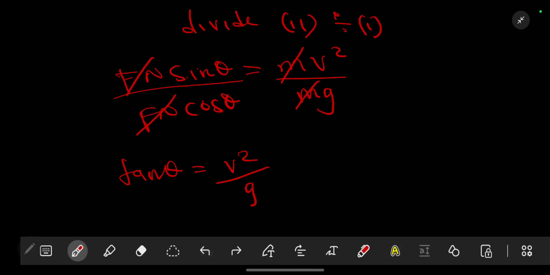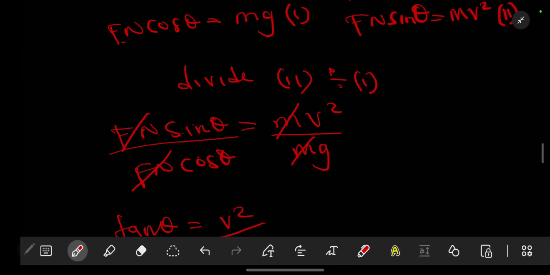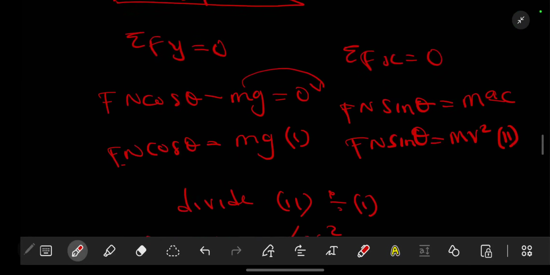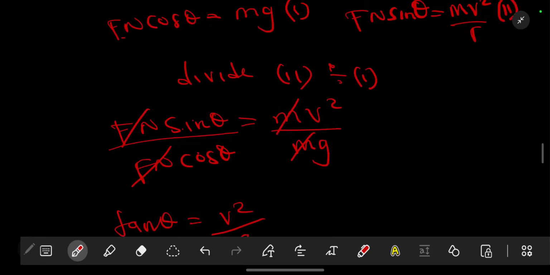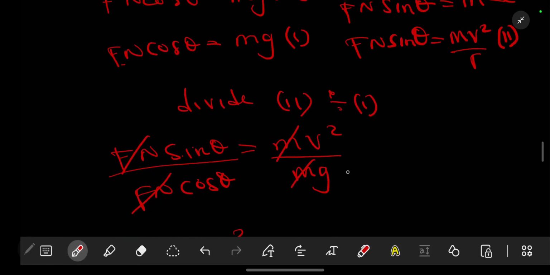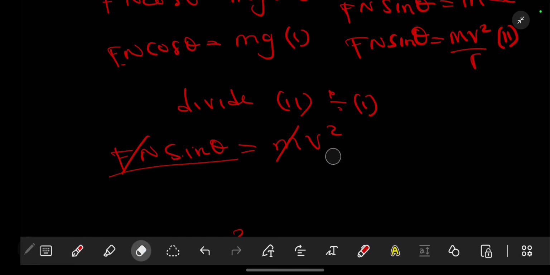our g like that. Where did our r go? Centripetal force is mv squared over r. So that means over the r, let me just do this. This is over r. So we are dividing by Fn cosine of theta.